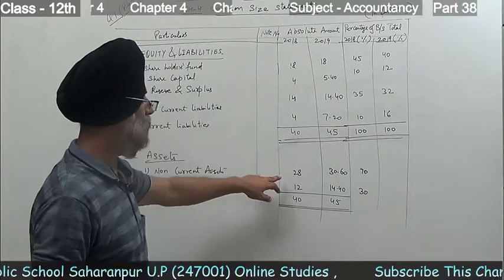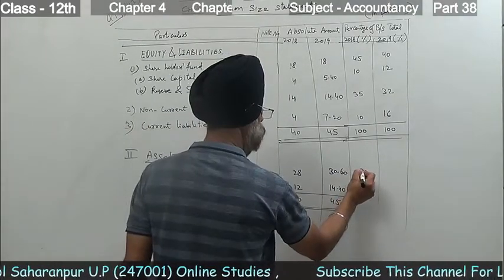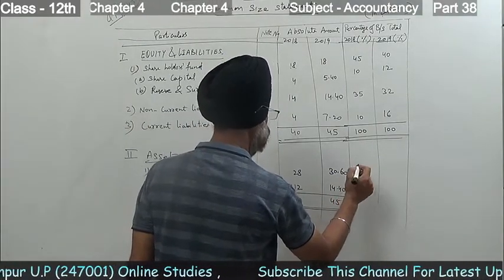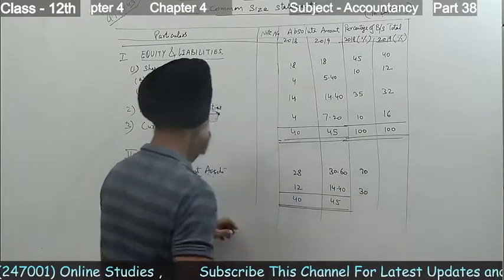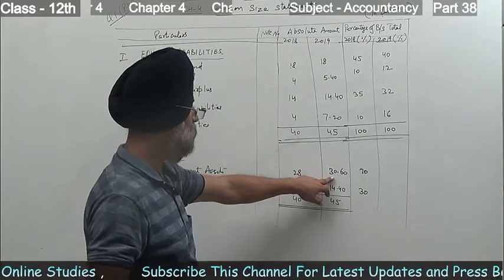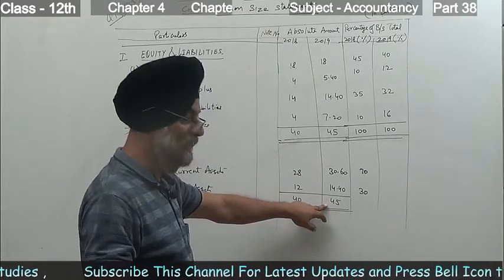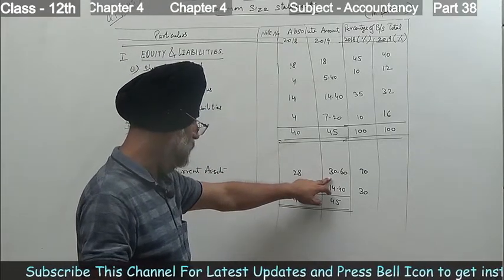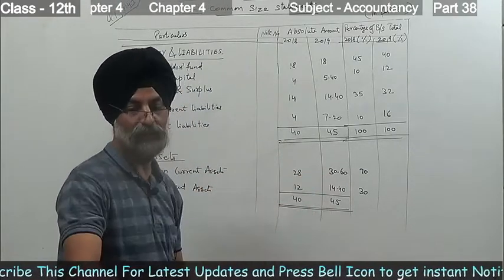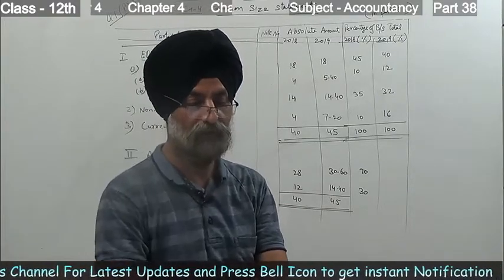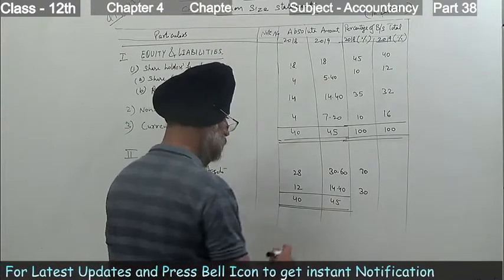Now for 2019, non-current assets are 30 lakh 60,000 and the total of the balance sheet is 45 lakh. 30 lakh 60,000 by 45 lakh into 100, then we'll get 68%.